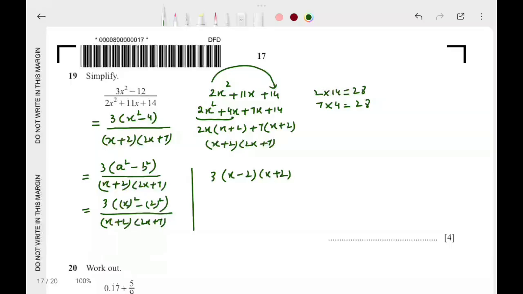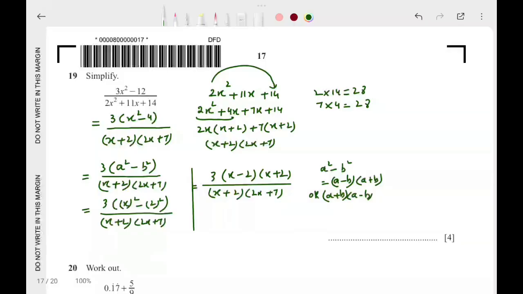As we know that difference of two squares is always equal to a minus b and a plus b, or it can also be written as a plus b and a minus b. So divide by x plus 2 and 2x plus 7.